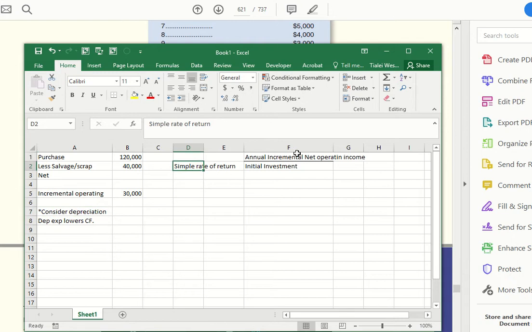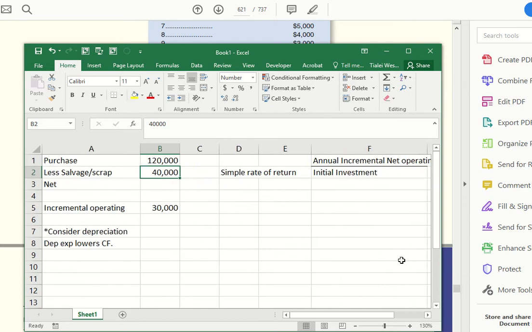Again, simple rate of return is annual incremental net operating income, considering depreciation, divided by our initial investment. We said our initial investment would be offset by the scrap or the salvage value, right? So we can subtract those. So the initial investment on the bottom will be $80,000, our denominator.